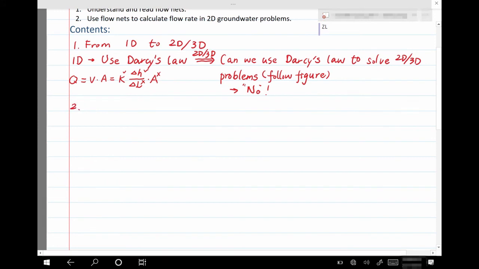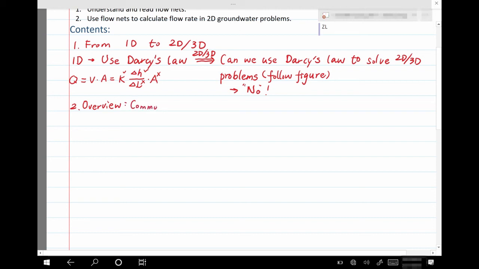Before we move to more discussions of flow nets, let me first offer an overview of the whole chapter 8. So that's for 2D and 3D issues. This is an overview. I'm trying to give you guys a big picture so you know where we are.